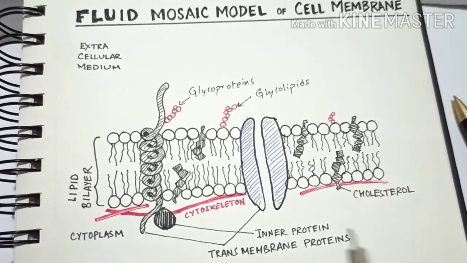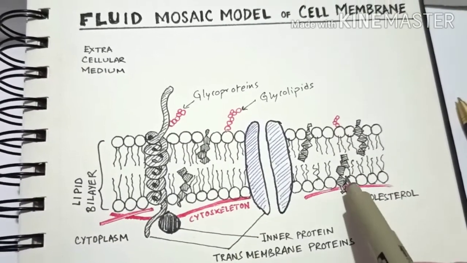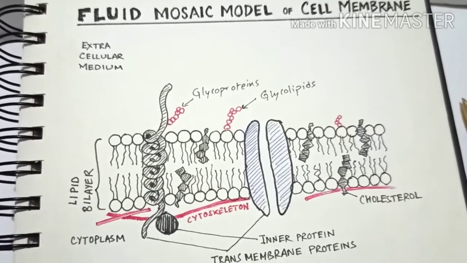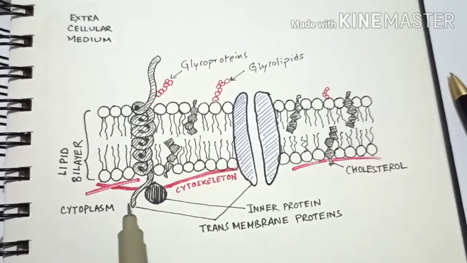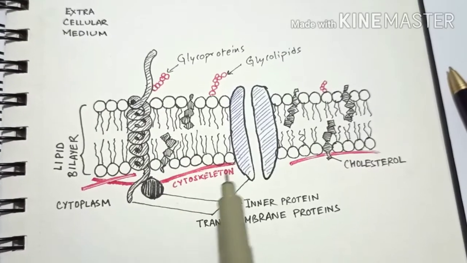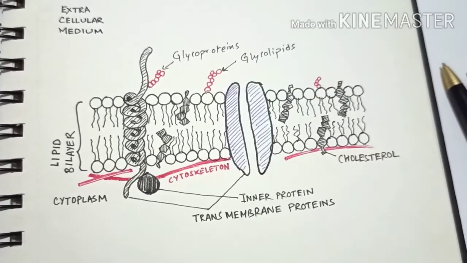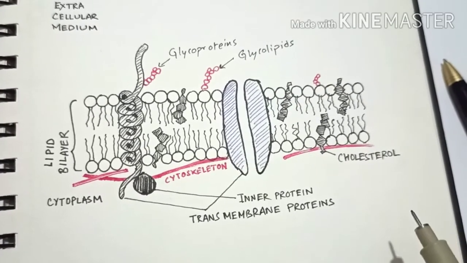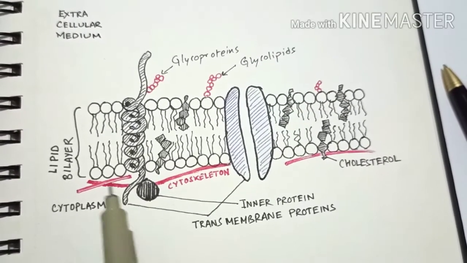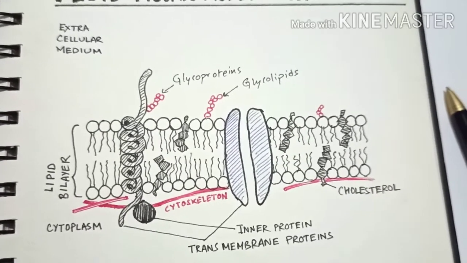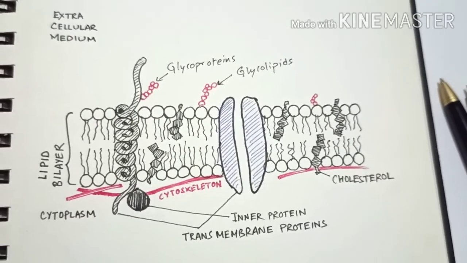Other components that can be found are, surprisingly, the cholesterol molecules which are bound in the membrane, and the cytoskeleton materials that are there on the inner surface. Cholesterol mainly helps in maintaining fluidity, whereas the cytoskeleton, as the name suggests, helps in maintaining the shape and integrity of the cell.